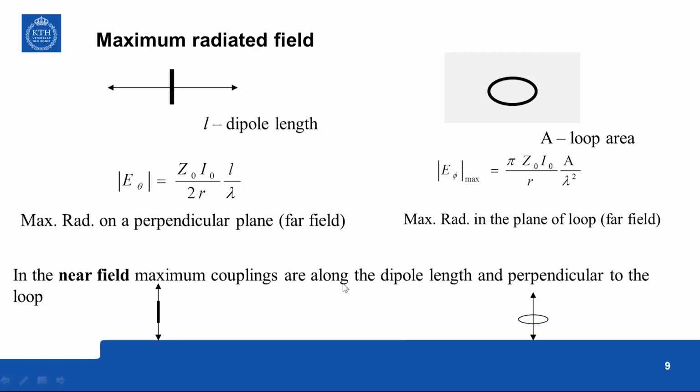Now in the near field, maximum couplings are along the dipole length and perpendicular to the loop. So this is opposite to that in the far field. So in the near field, maximum coupling is along the dipole for the electric field and perpendicular to the loop for the magnetic loop.